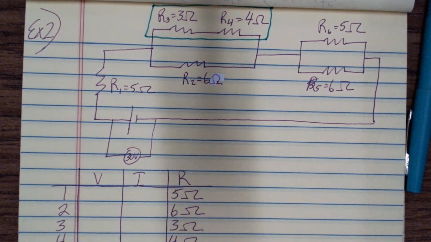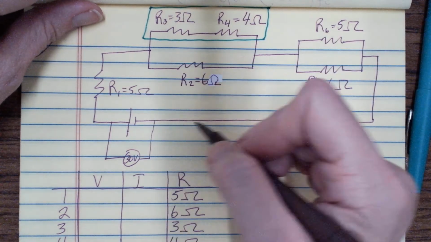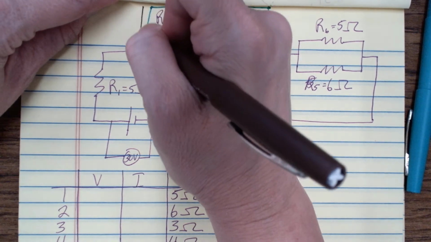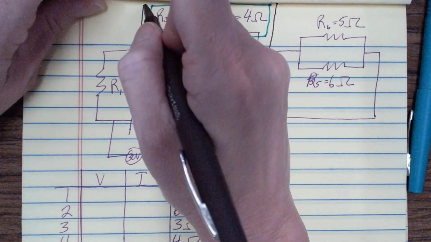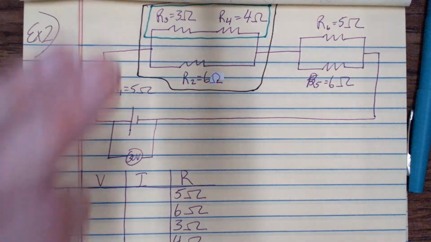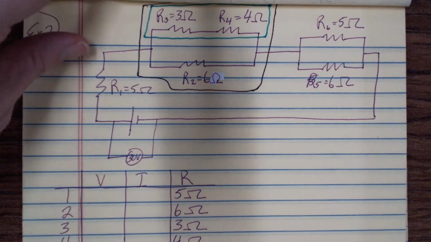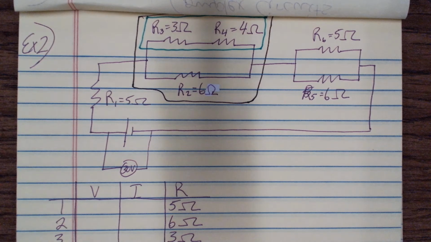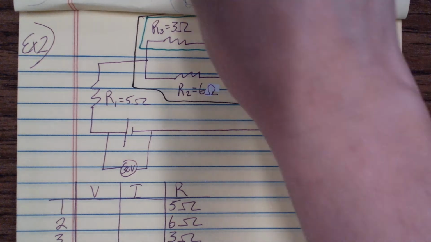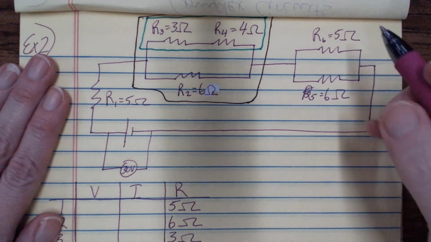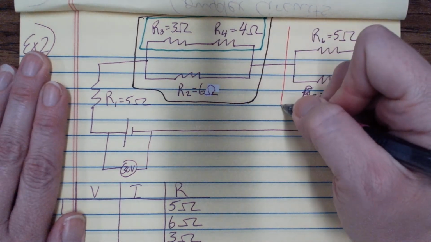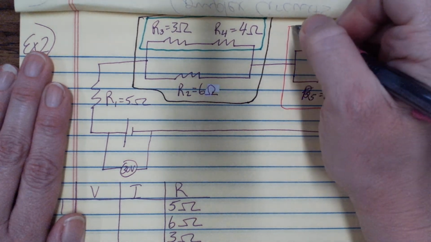And like I said, this is within a parallel portion. So I'm going to put a brown box around that. Okay. And then I've got a portion of my circuit over here, resistor 5 and 6. These are also in parallel with each other. So I'm going to put them in a pink box.